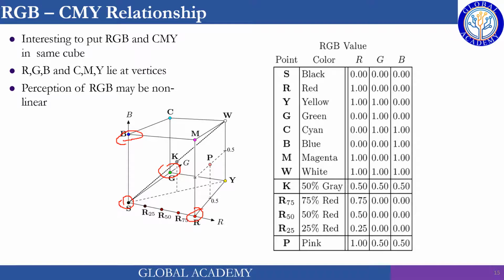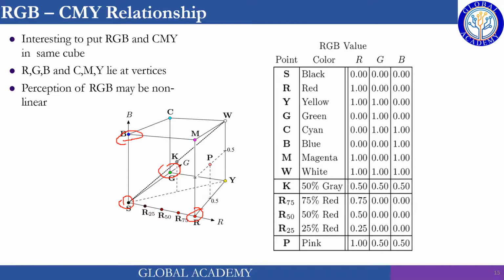So we can represent any color using a vector of 3 values, like pink is represented as 1 along the red axis, and then 0.5 along the green axis, and then 0.5 along the blue axis, like this one, 1, 0.5, 0.5.